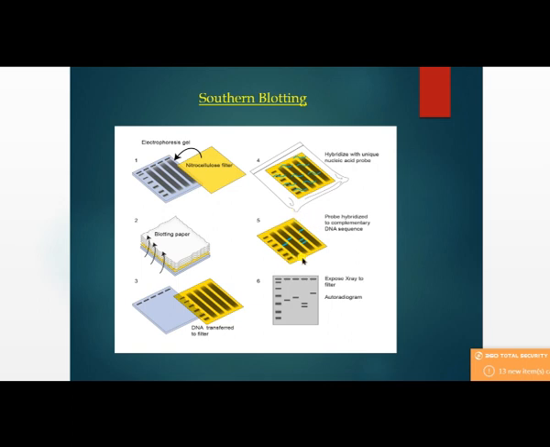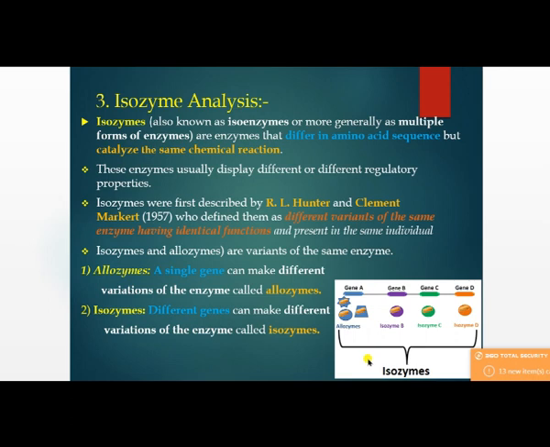Next, we are exposing this filter paper to autoradiography. In this autoradiography, you can visually see the DNA fragments which are separated. Understood? So this is the Southern blotting process. Next is isoenzyme analysis, which we will see in the next lecture. Till then, take care. Thank you.